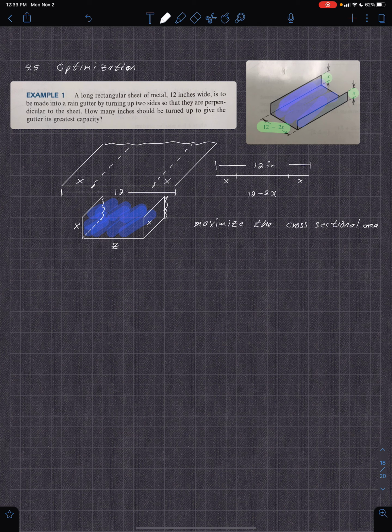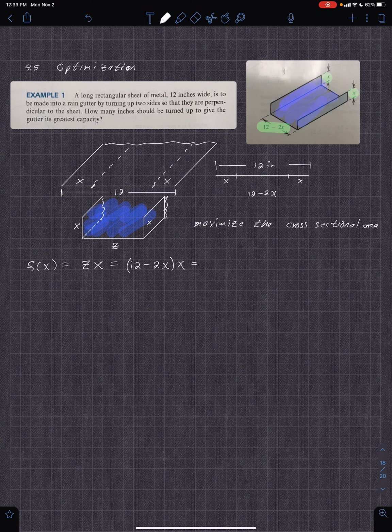That is our goal. So you need to set up that function. That function f of x will equal this distance times this height. That gives you the cross-sectional area, which is z times x, and z is just 12 minus 2x. So the cross-sectional area is zx, or 12 minus 2x times x.